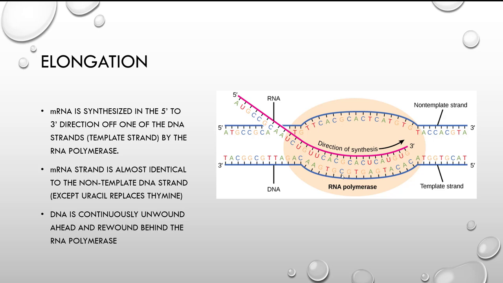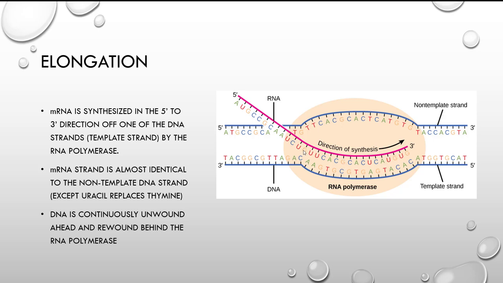If we have a cytosine on the template strand, a guanine will be placed on the RNA strand. So it'll be complementary base pairing. The only difference is, remember, RNA does not have thymine. So if there's an A on the DNA strand, then a uracil will be placed on the mRNA strand, because there's no thymine on RNA, so it has to be uracil instead.